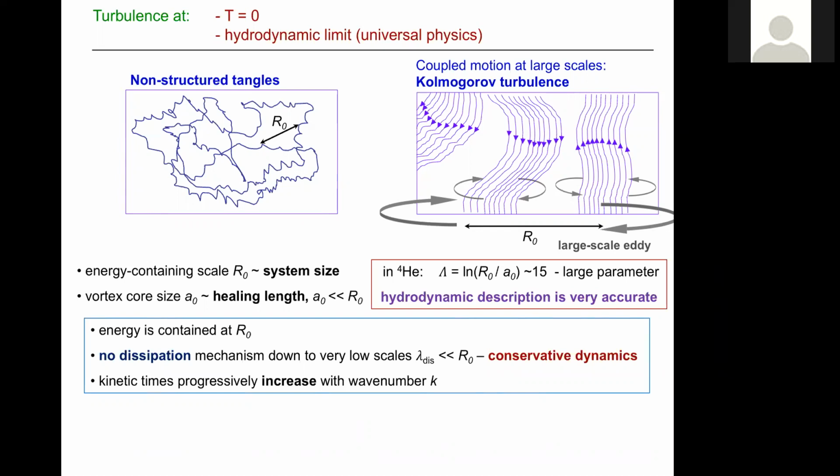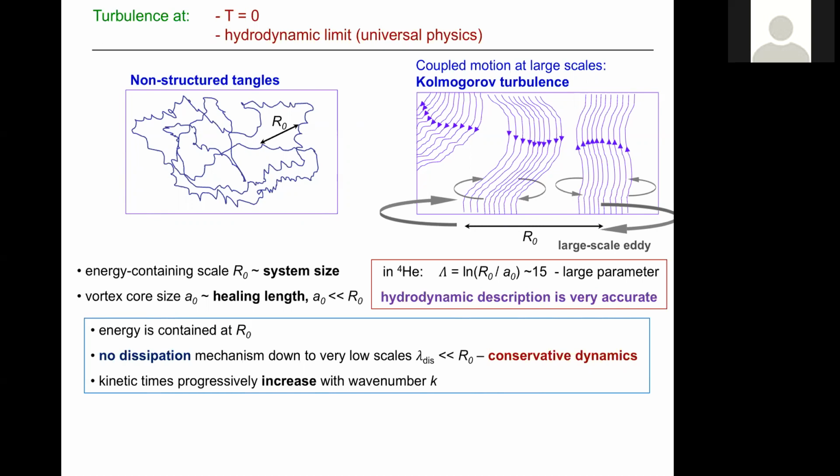Another property is that kinetic times in the system, that is, the typical times at each particular scale that it takes to process energy and bring it to an adjacent scale, get progressively shorter with the wave number. So kinetics becomes progressively faster as we go down the length scales. But this is not the opposite of what you just said.